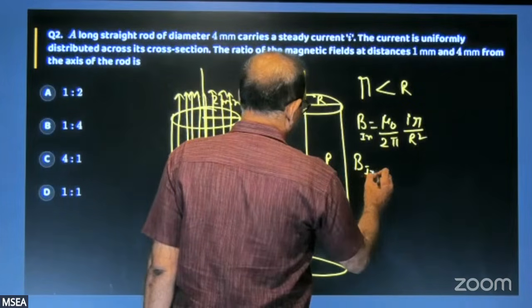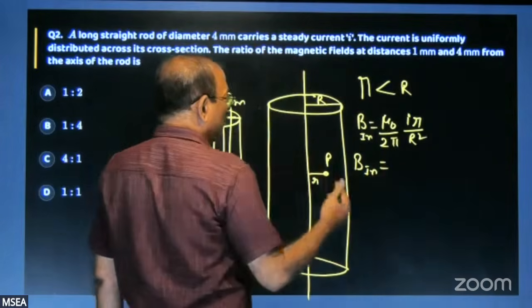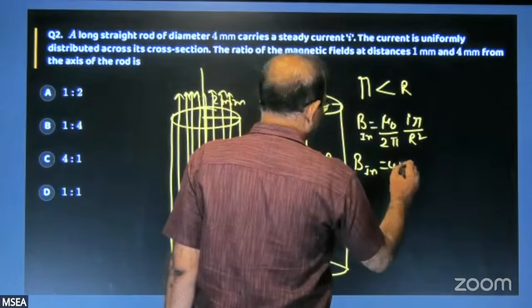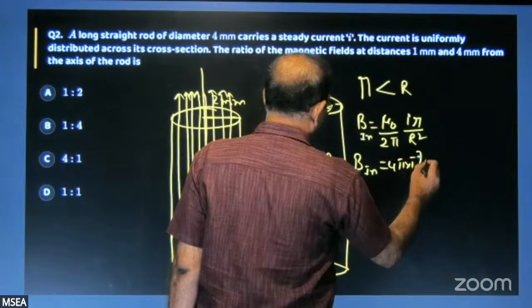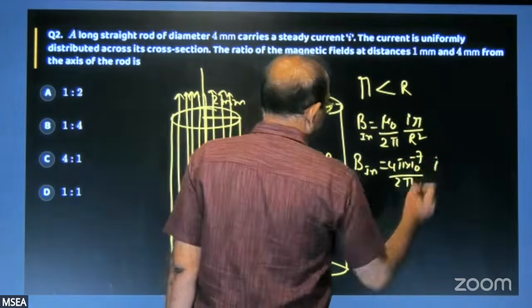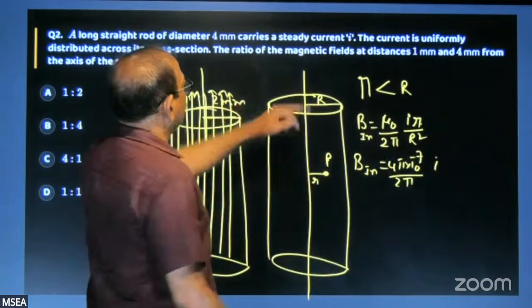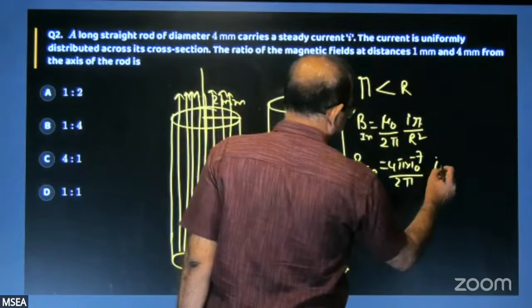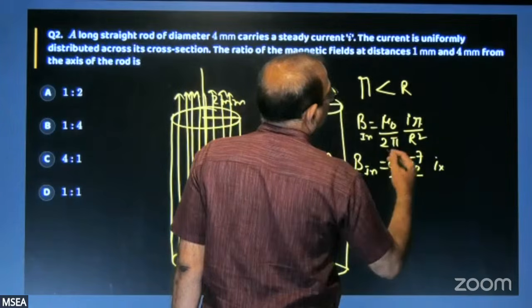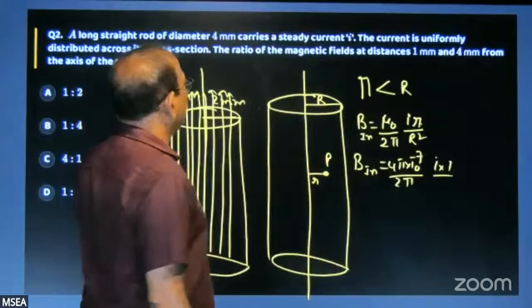Okay, let us find this. Mu naught by 2 pi, mu naught is 4 pi into 10 power minus 7, by 2 pi. Current I. What is small r given? Small r is 1 millimeter. I'll keep it like that, since we are finding the ratio only.